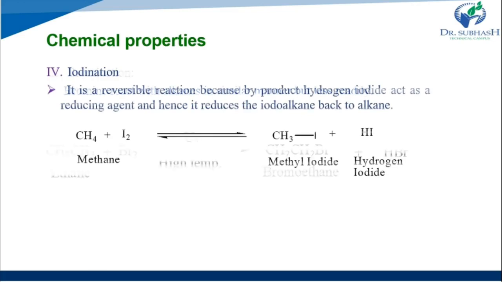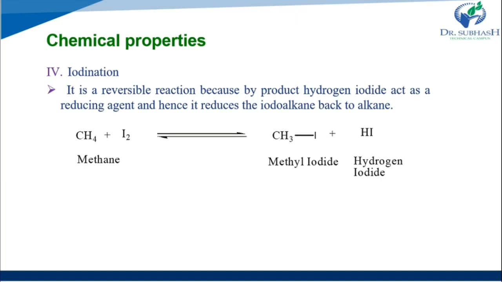Okay, so the fourth reaction is the iodination reaction. It is a reversible reaction because the product hydrogen iodide acts as a reducing agent, and hence it reduces the iodoalkane back to alkane.